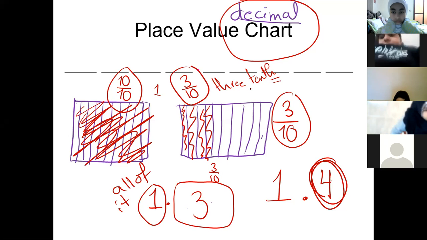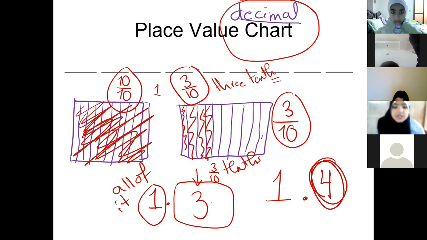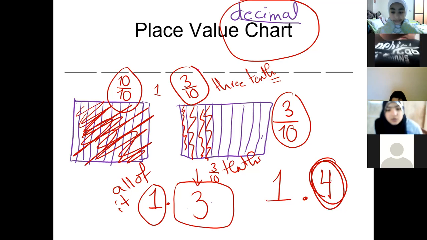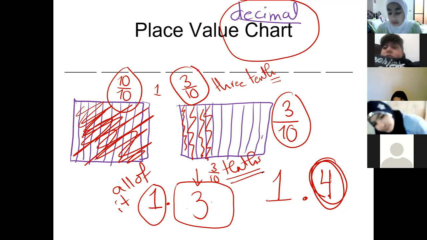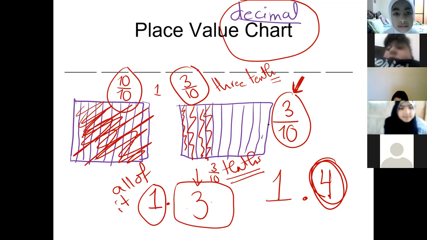For this reason, the place value of 3 here is tenths, because we divided this square into 10 equal parts and we colored just 3 of them. Is it clear why in the decimal part we have to start with tenths and there is no ones? Because it represents what? Fraction. We are dividing this square into 10 equal parts, so it means tenths.